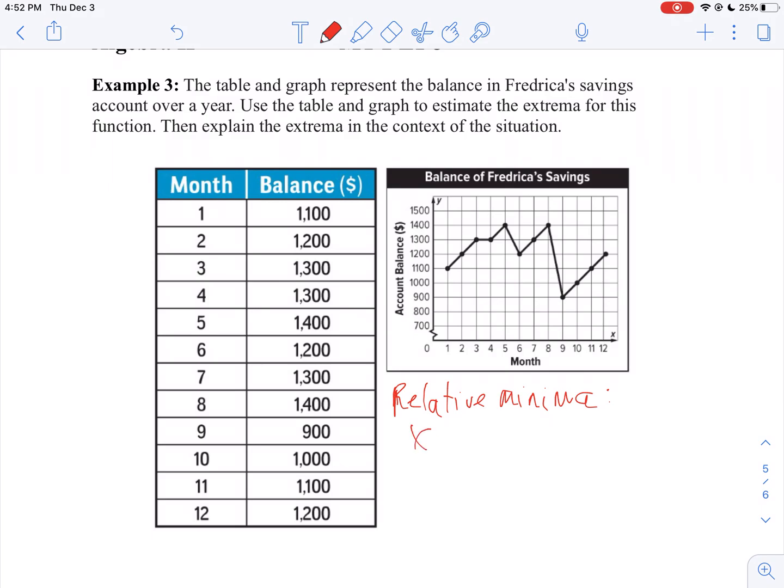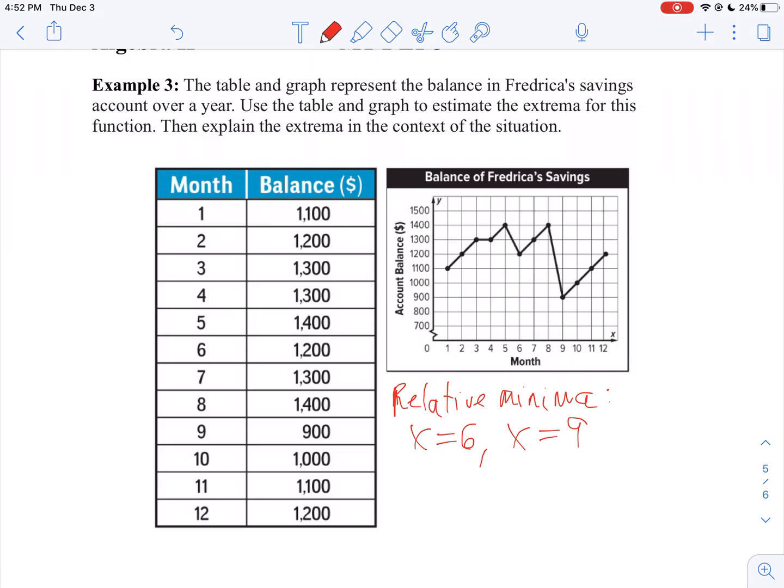So x equals 6. And also at x equals 9, that's the lowest point there, isn't it? So that would be like September. And notice x equals 9 would be the global minimum in this area.